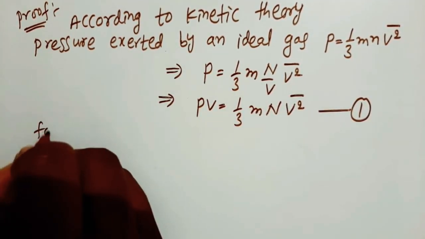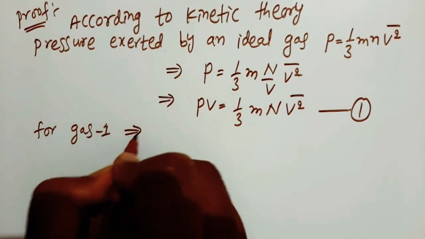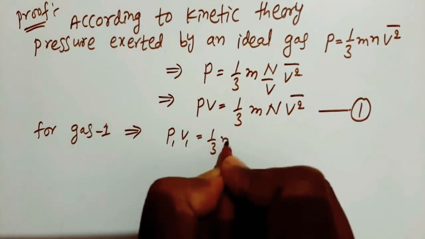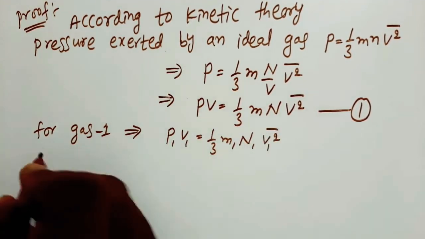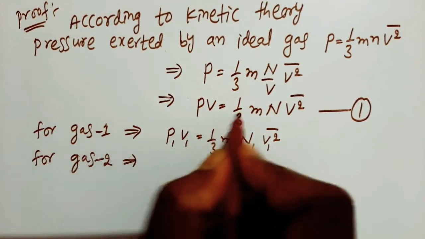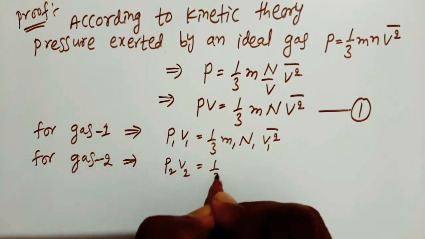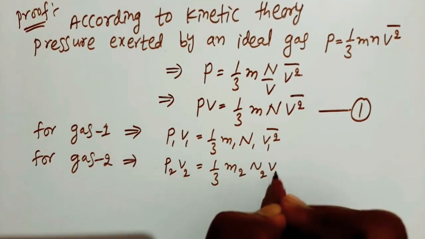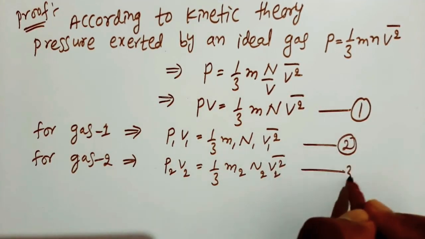For gas 1, this equation can be written as P1V1 is equal to 1 by 3 m1 n1 V1 square bar. For gas 2, P2V2 is equal to 1 by 3 m2 n2 V2 square bar. Let us take these as the second and third equations.